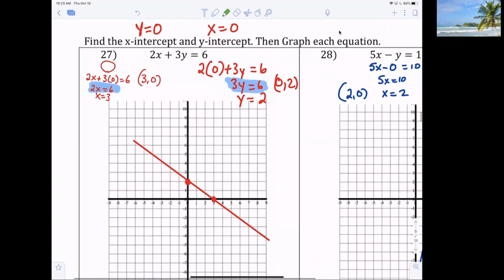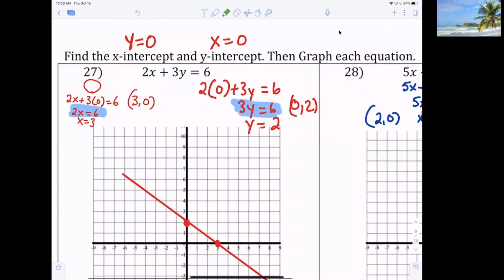Let's look at my notes real quick. Remember, we want the x-intercept, which means what? The y value is 0, right? And the y-intercept is when x equals 0, right? If I want the x-intercept, I'm just going to let the y value be 0. Then you're just solving 2x equals 6. Makes sense, right?